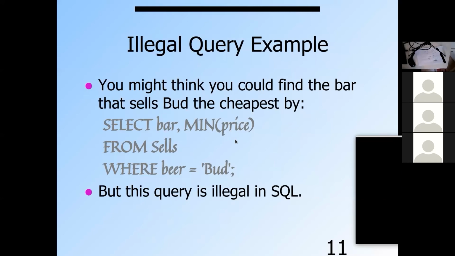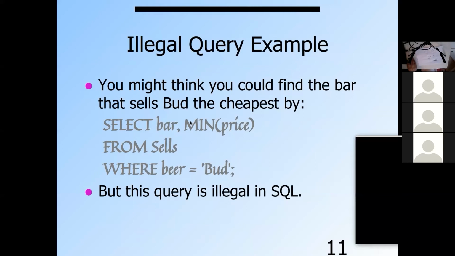Somebody might think, I'll project out bar and then project out the minimum price. But this makes no sense, because when you're doing aggregation, every attribute in the select clause either needs to be the subject of an aggregate operator, in this case min, or needs to be in a group by clause. And bar is not in a group by clause. So this just breaks down.